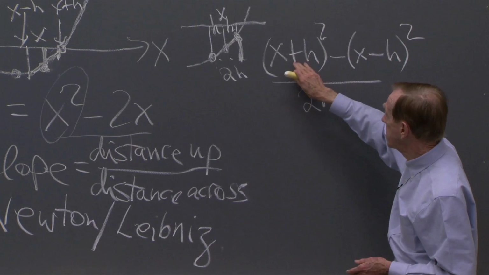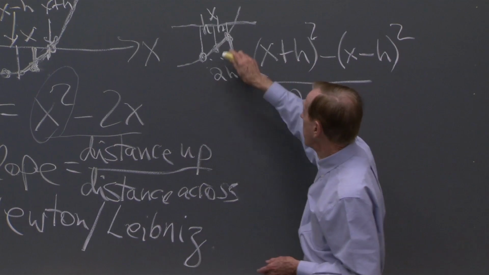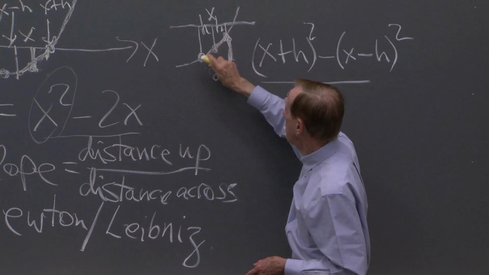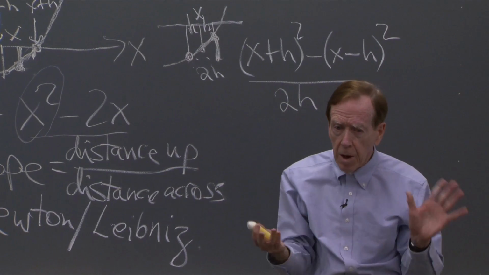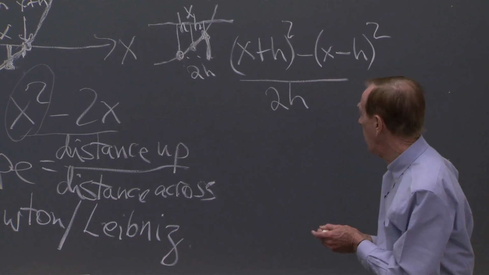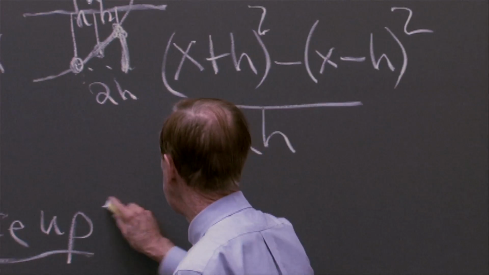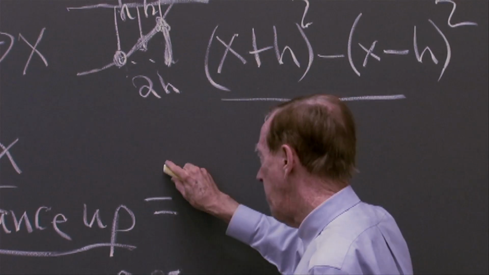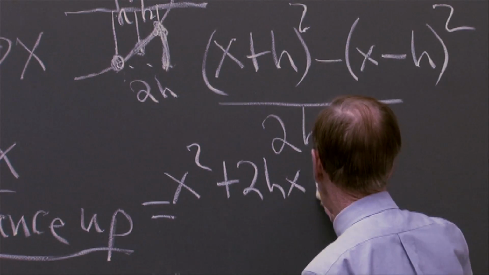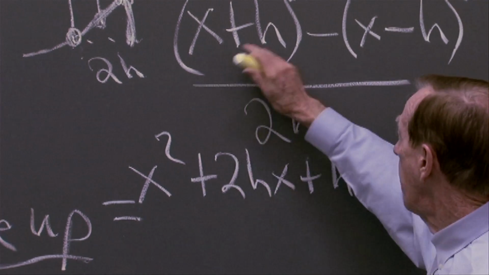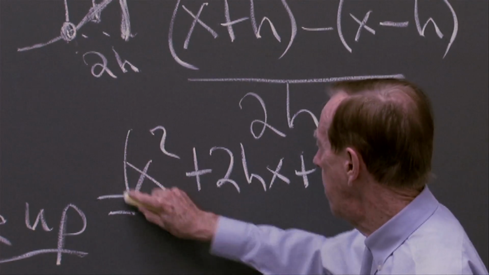And so this is that one minus this one, and I have to simplify it. But you know that now we get to use algebra. So if I simplify this, this is, everybody knows, x squared plus 2hx plus h squared, right? That's the square there.